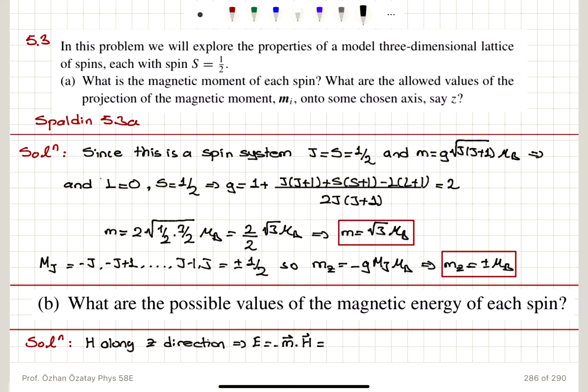So this will be minus mz H because H is along z-axis and the projection onto the z-axis is mz. So we have two possible answers for the magnetic energy of each spin, plus or minus a Bohr magneton multiplied with the field, externally applied field, H. Okay.